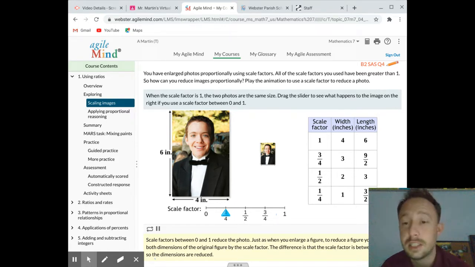So the decimal version of that would be what, Anaje? Levi, can you help? It'd be 0.25. Correct. 25 hundredths. Good job. 25 hundredths or 0.25.